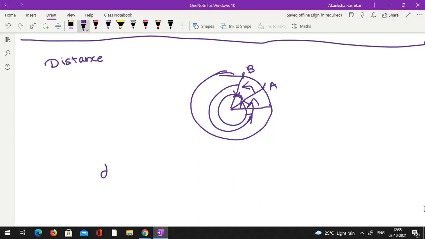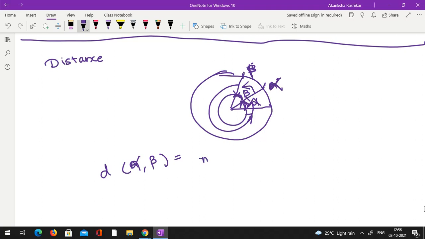So we generally define distance between, say, let me call the angles alpha and beta. So this is alpha, this is beta.